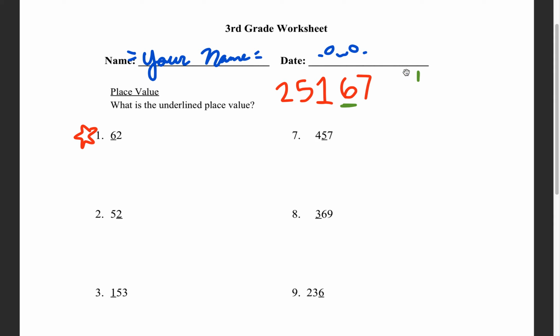And 10 of these dots is one stick, which makes this. This is the tens place. Now, if we have 10 of these sticks, it's gonna make a square, basically 100. So this is called the hundreds place.